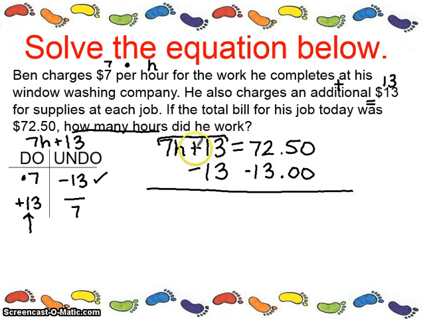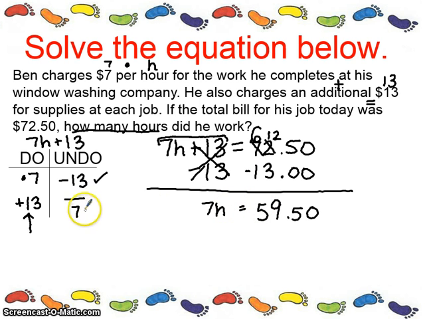Positive 13 subtract 13 makes 0, so on the left side we just have 7 times h left. On the right, 0 minus 0 is 0, 5 minus 0 is 5, 2 minus 3 cancel, so let's regroup as a 10, 12 minus 3 is 9, and 6 minus 1 is 5.